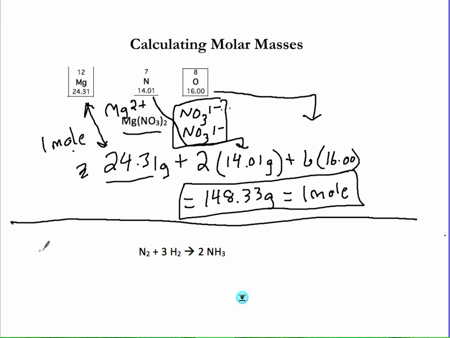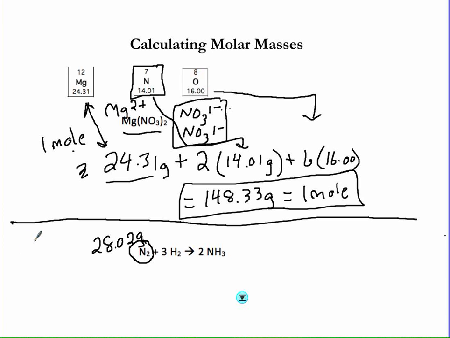What we know is that this element right here in this equation has a molar mass of 28.02. We know that because of the information that we had up here in this previous problem that told us that nitrogen had a mass of 14.01. So remember, because it's N2, I'm going to take 2 of those.